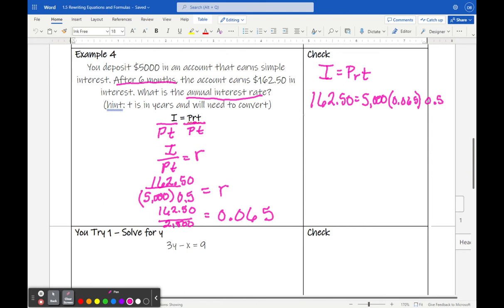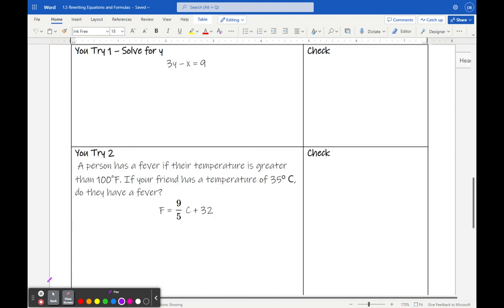So if I put that in my calculator, times 0.065 times 0.5, we end up with 162 and 5/10, which is the same as $162.50. So this is my solution. All right, at this point, pause the video, try the you try 1 and you try 2, and I'll see you back when you've finished.